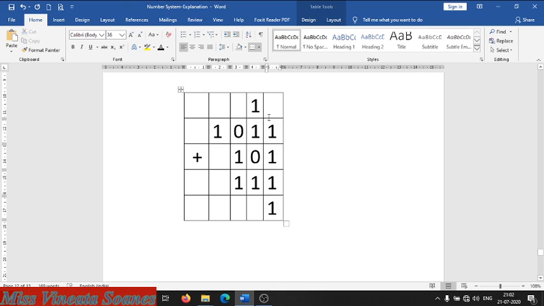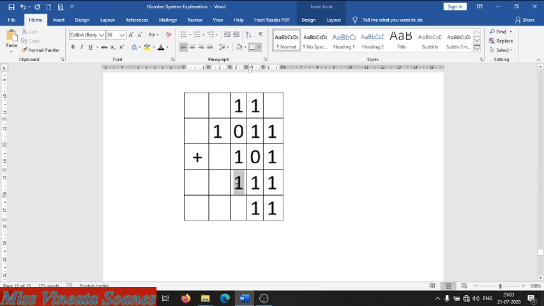Then again, this 1 plus 1, as I've said, no need to calculate the 0, so 1 plus 1 is equal to 0, and then you just carry 1. But again, when you get this 0, you also have to add the carry, so that will give you 1, right?